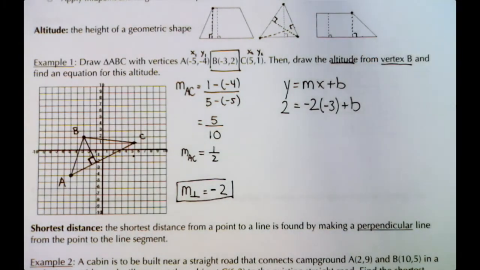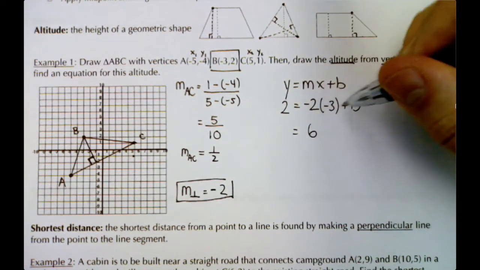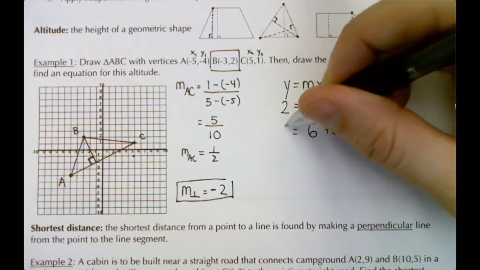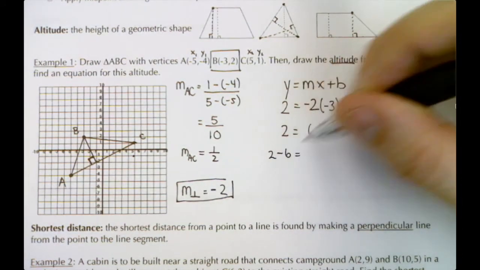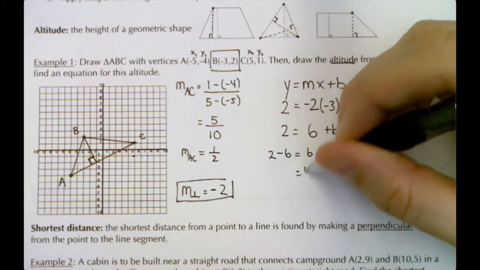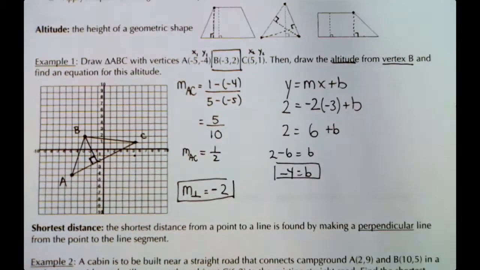And we can solve for b, just like we did earlier in the unit in the review lesson. Do a little bit of math. We get negative 2 times negative 3 is 6, plus b equals 2. Bring the 6 over, we get 2 minus 6. 2 minus 6 is negative 4. So we were right, the y-intercept is negative 4.